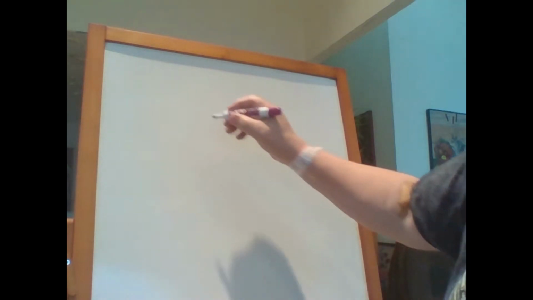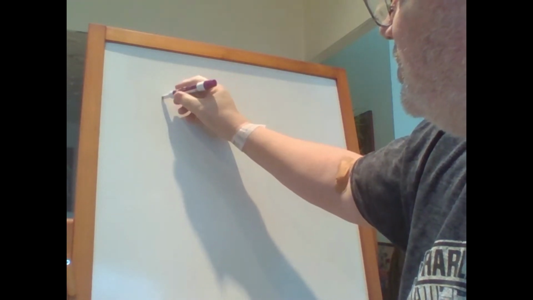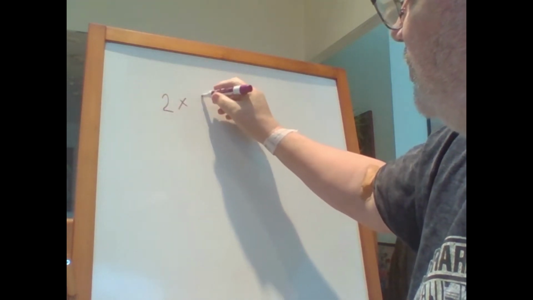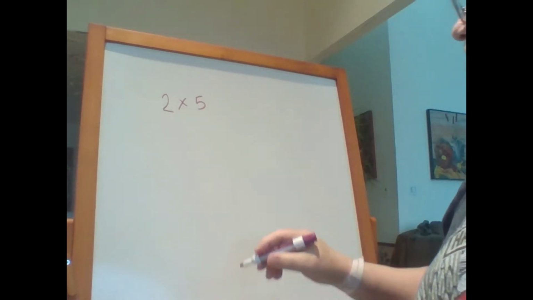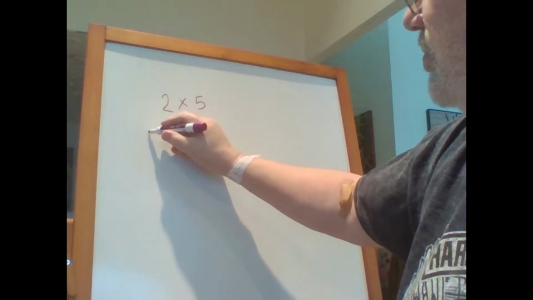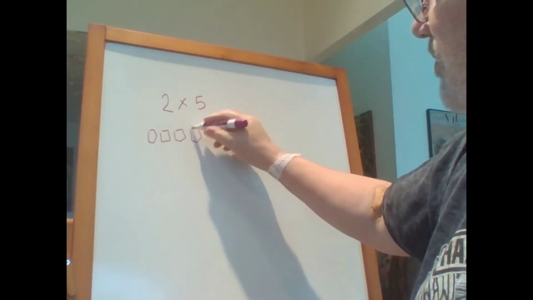Multiplication is just an enhanced form of addition. So when we say 2 times 5, basically what we're talking about is we have two groups of 5.